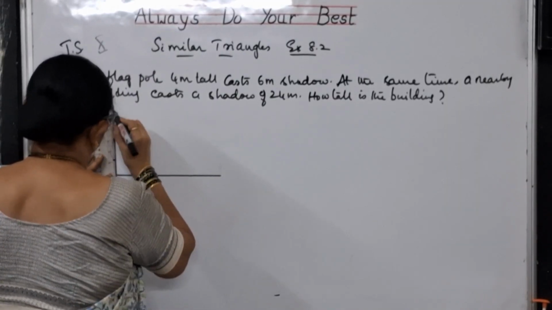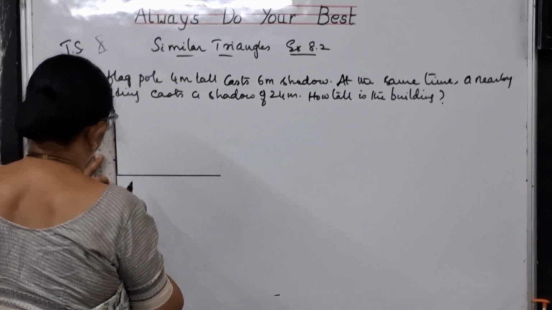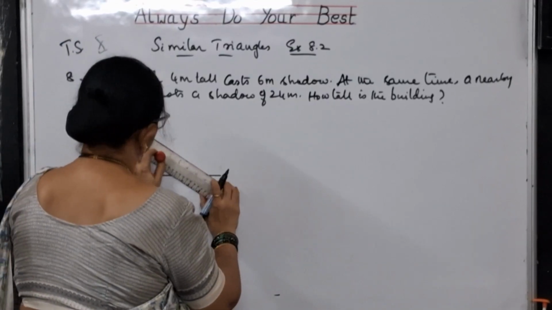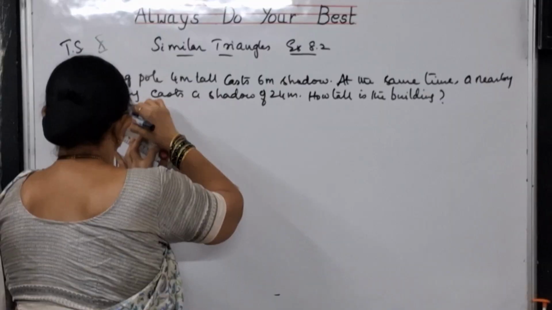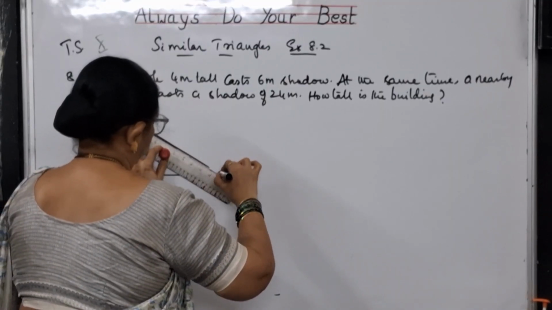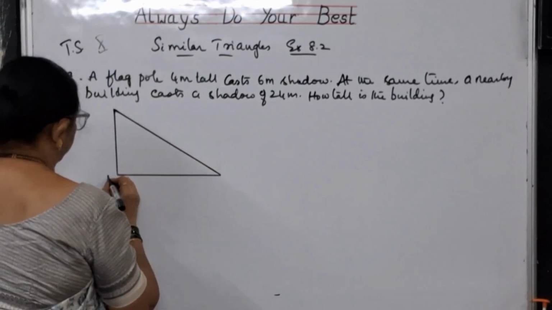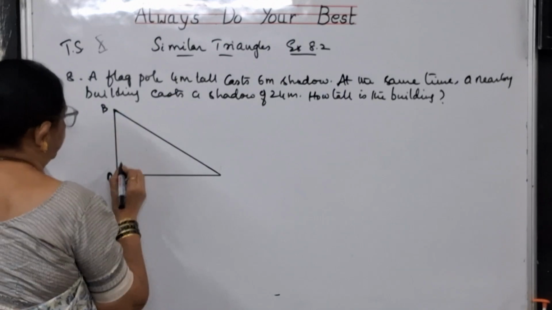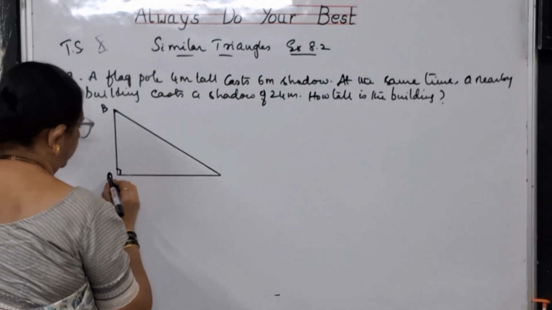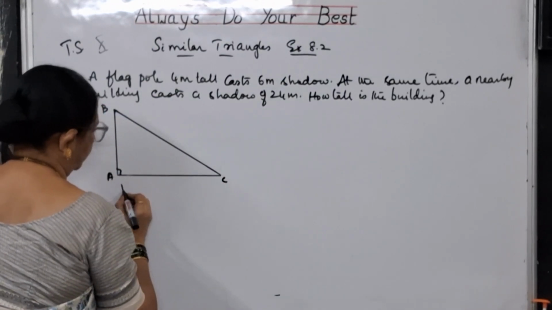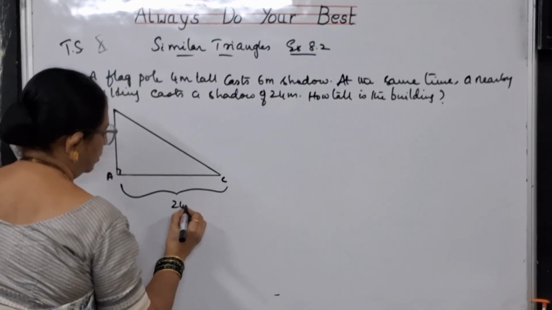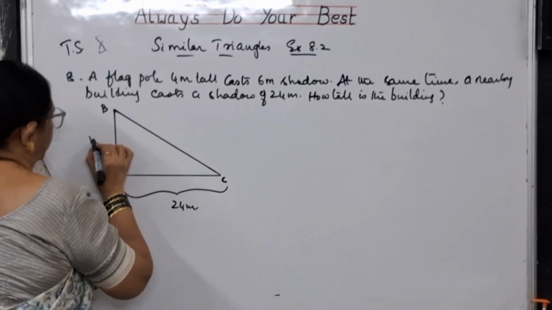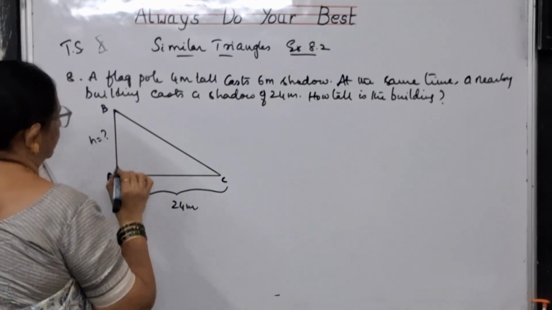Now, let us consider AB as the building and AC is the shadow. So the total shadow cast by the building is 24 meters. Height of the building we don't know. So this is the question.